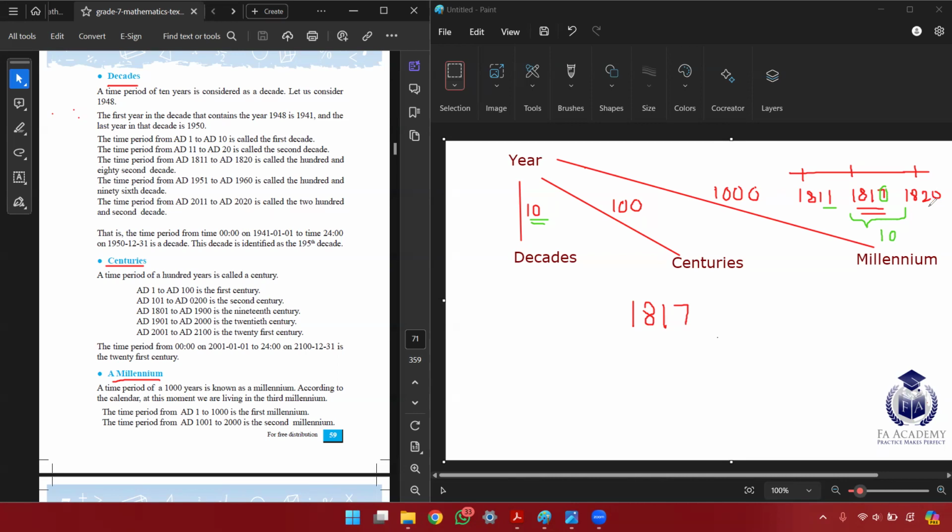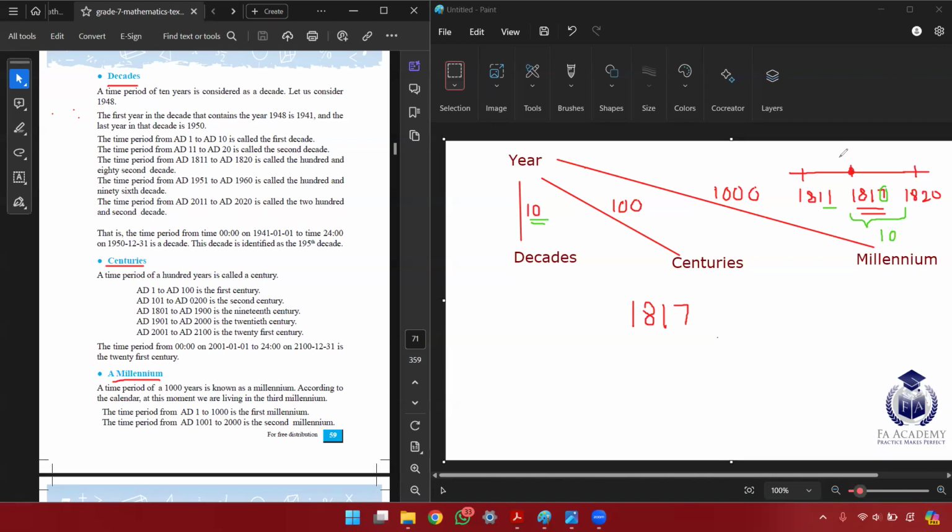Let's say you have 1821. You see from 1821 to 1830. Let's say you have 1871. You see from 1871 to 1880. That's how it goes. You might get a year in the middle, just like I gave 1817.